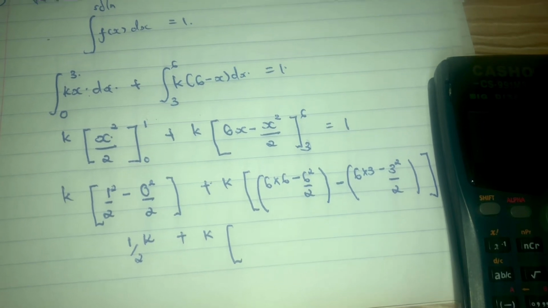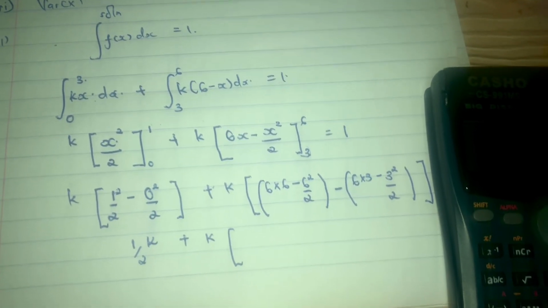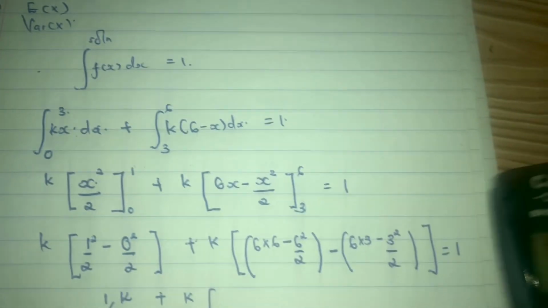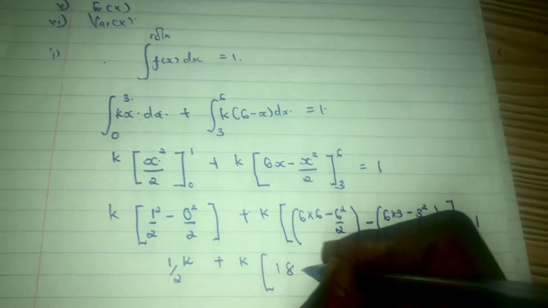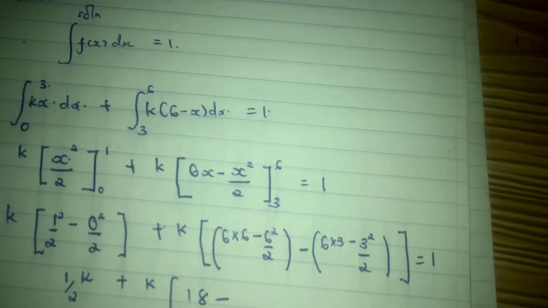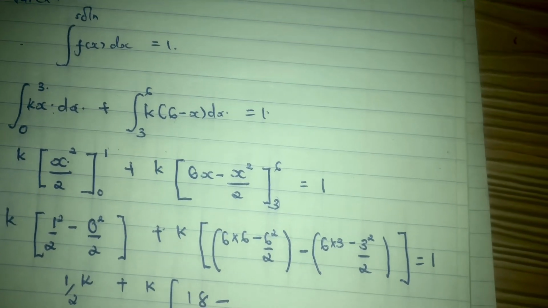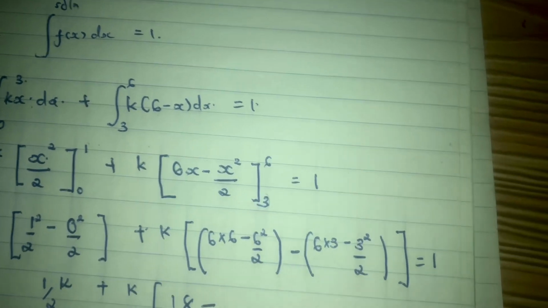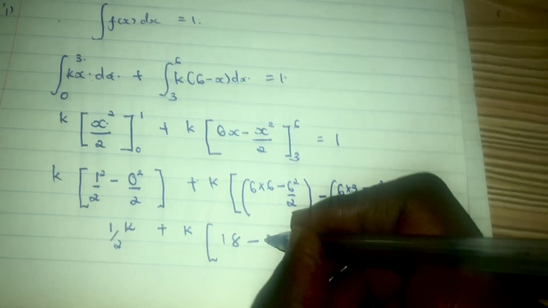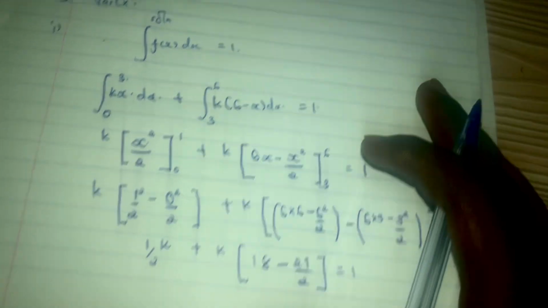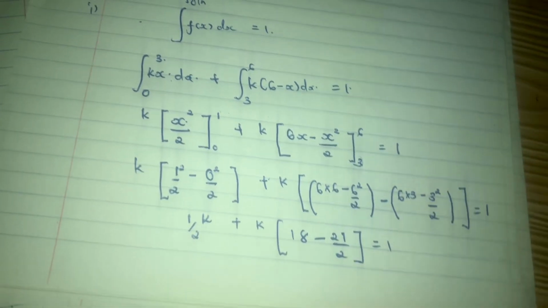Plus here, try to use your calculator to be efficient. 6 times 6 is 36, so you get 36 minus 36 over 2. Our answer will be 18 minus, when you work out this bracket, 6 times 3 minus 9 over 2, which is 27 over 2, equals to 1. Are we together?